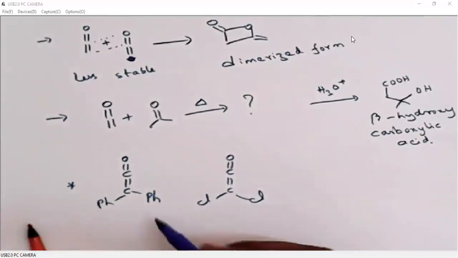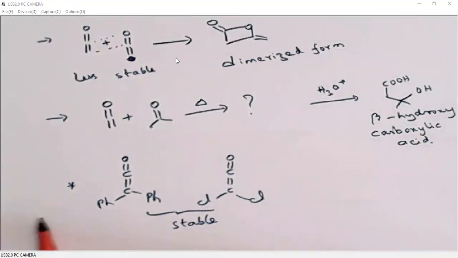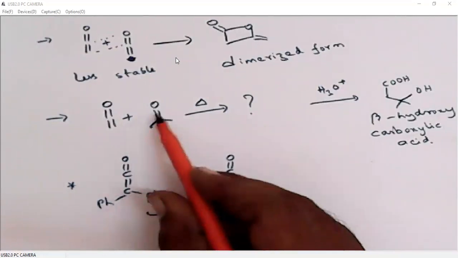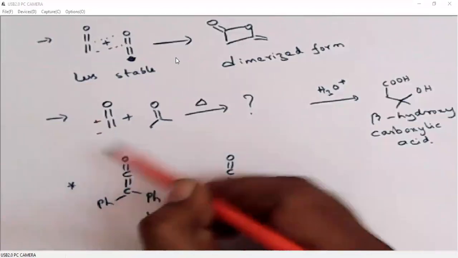These ketene molecules are stable. When ketene is undergoing 2+2 cycloaddition with carbonyl, this is a partially charged carbon, negatively charged carbon.